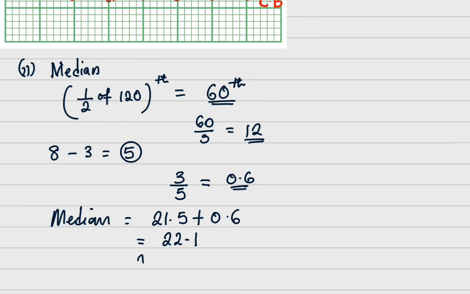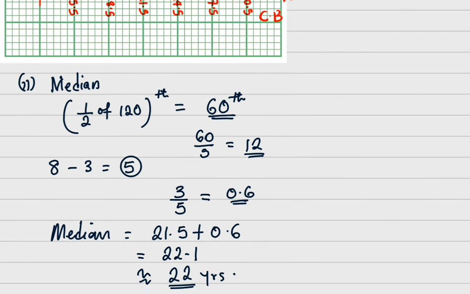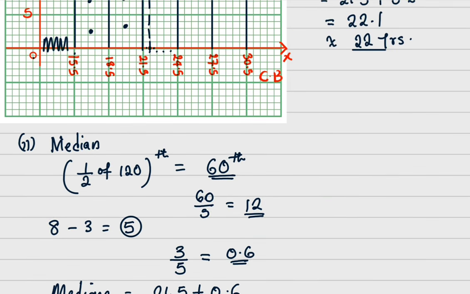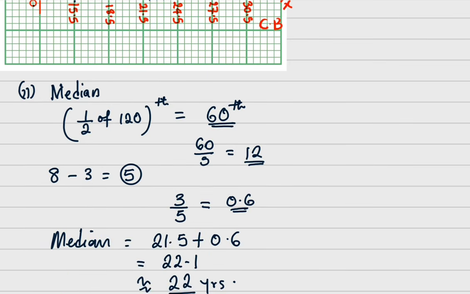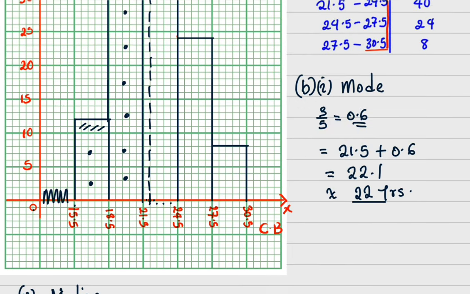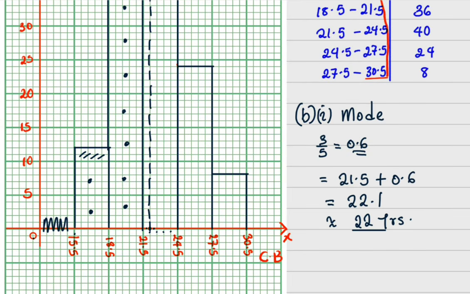To the nearest whole number, it is approximately 22. Yes. So you can see that in this case, both the median and the mode are the same, approximately 22 years. So this is how we can calculate the median using a histogram.